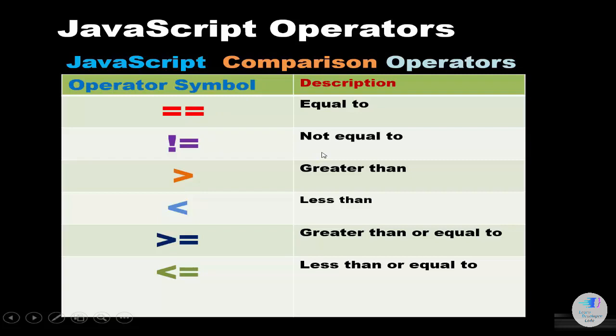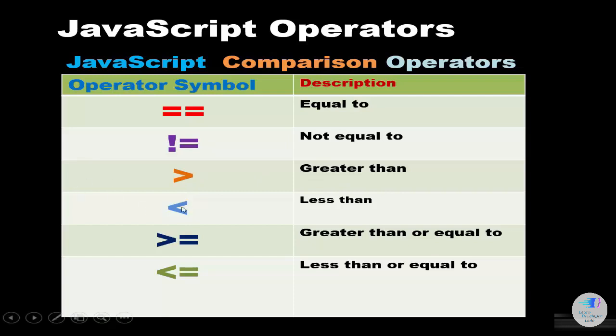And if something is not equal to something, you use this symbol. So you use this symbol here if you need to find out if something is not equal to something. For example, if A is not equal to B, you use a symbol like that to find out. Next is the greater than sign, if you want to find out if a value is greater than another value.